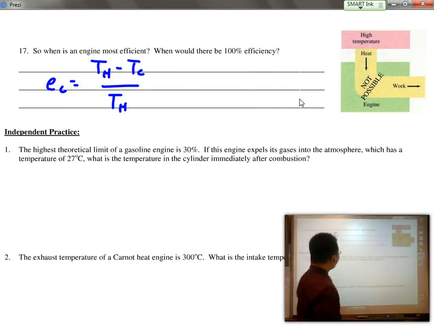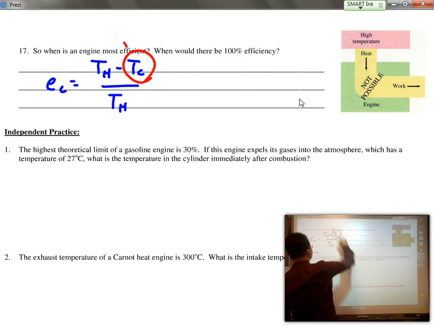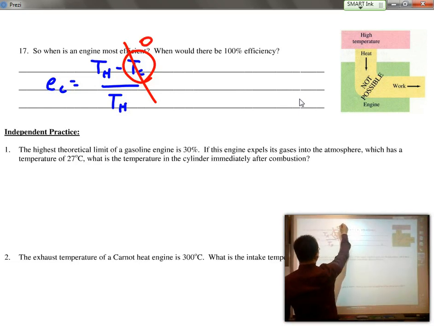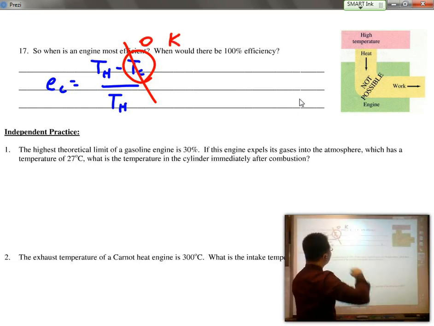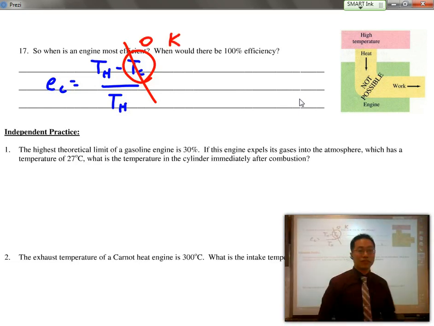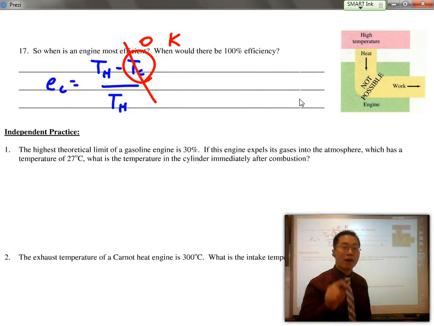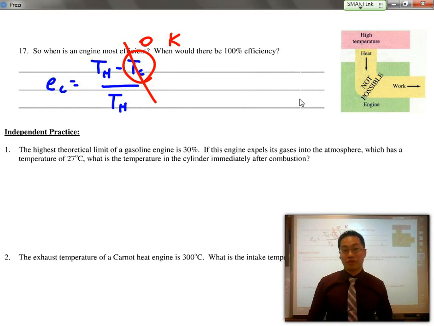Technically, you'd have 100% efficiency when TC is 0. If somehow we could actually create absolute 0 Kelvin, and have basically none of the heat discharged, then we would have 100% efficiency. But that's impossible to do because absolute 0 is not a number that we theoretically would be able to produce anyway.